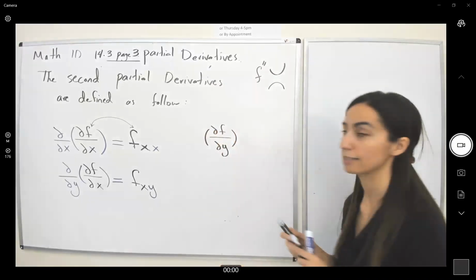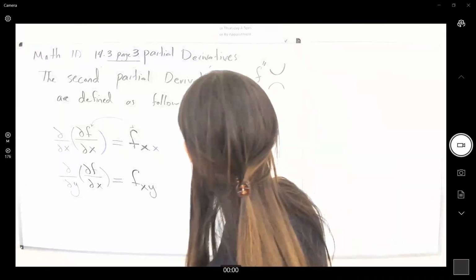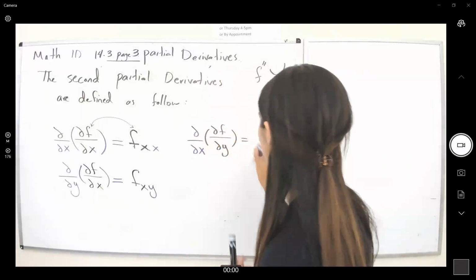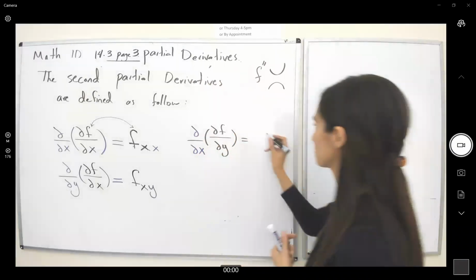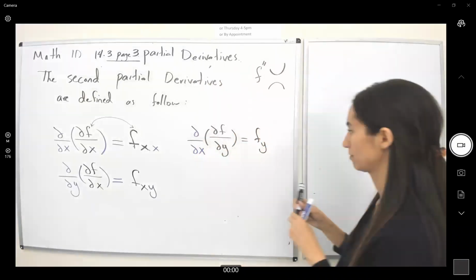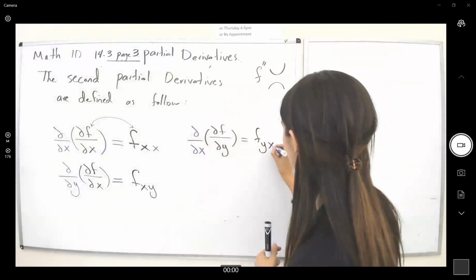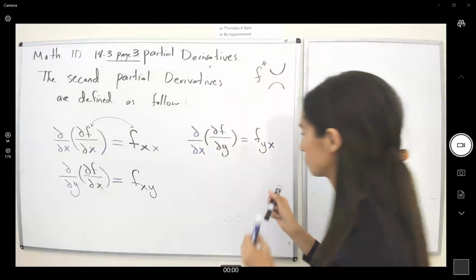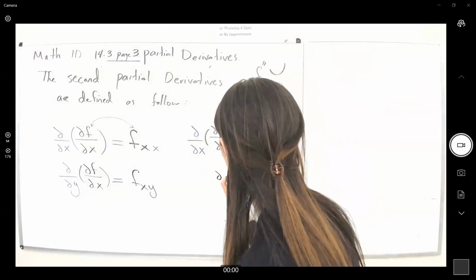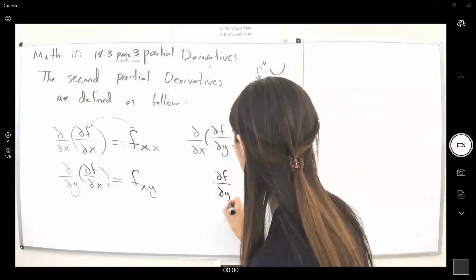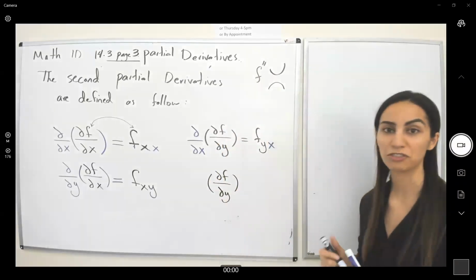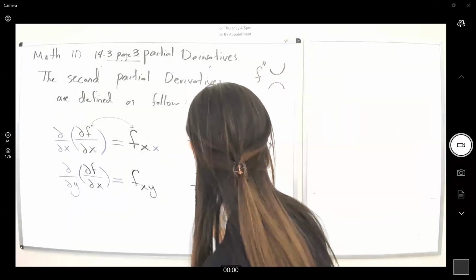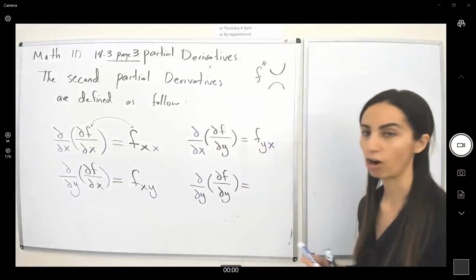Now you can take the second partial derivative of the function with respect to x, which is equal to f of y x. So the ordering is important. Which one comes first? You have the partial derivative of the function with respect to y. Now you take the second partial derivative of the function with respect to y again, which is equal to f of y and y.